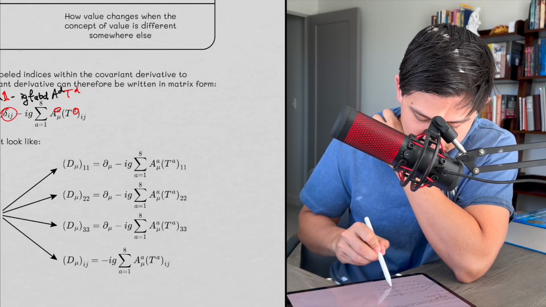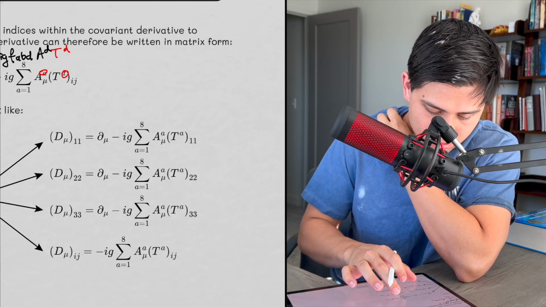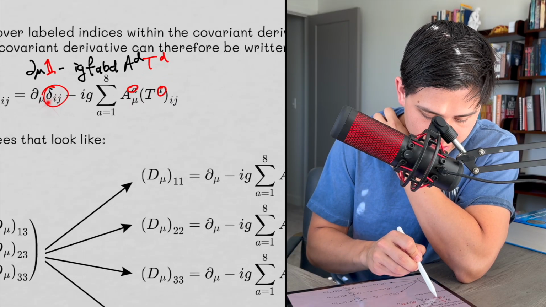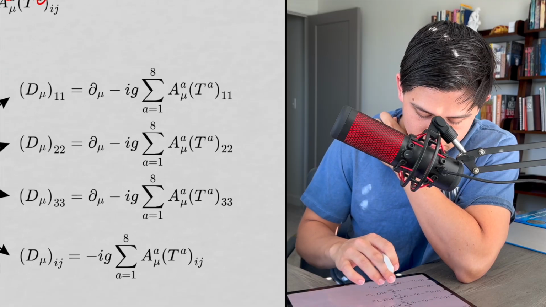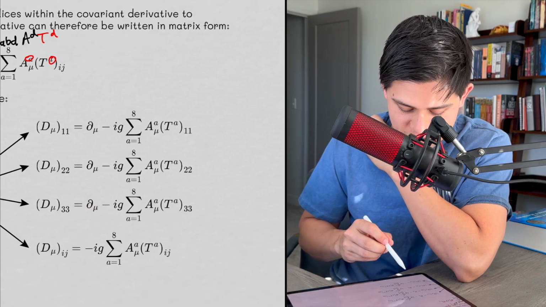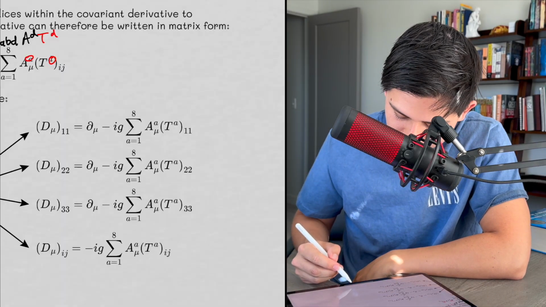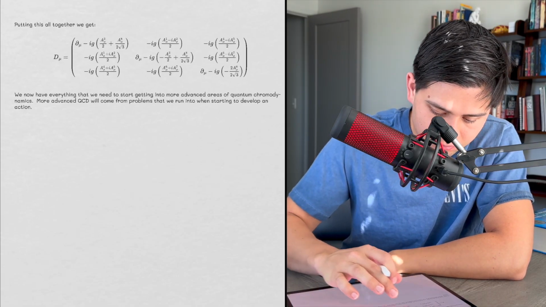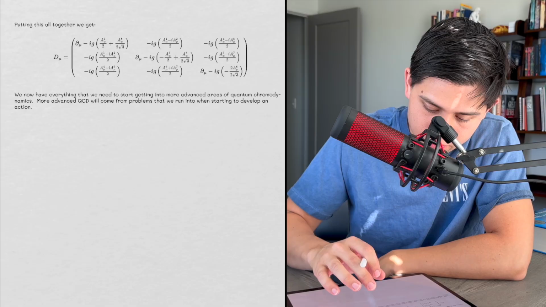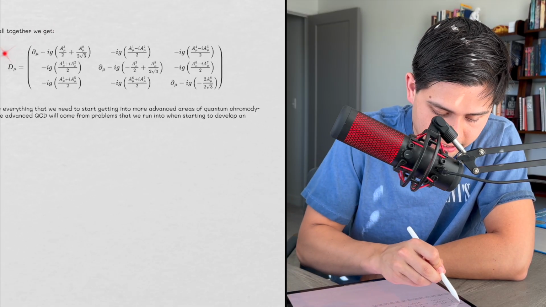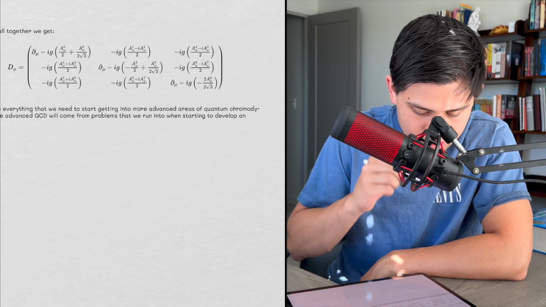The off-diagonals are where the Kronecker delta is where i doesn't equal j, so we can get rid of that because it's going to be 0, and we're just left with this part here. So in the end, putting this all together, we have a covariant derivative that looks like all of this.